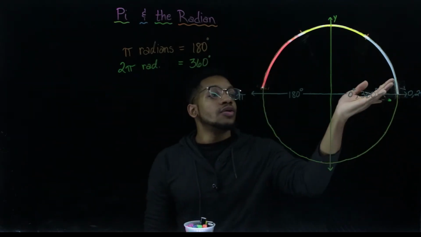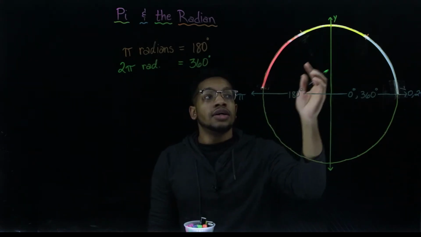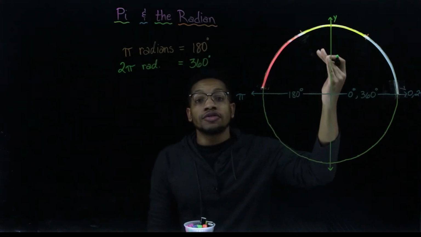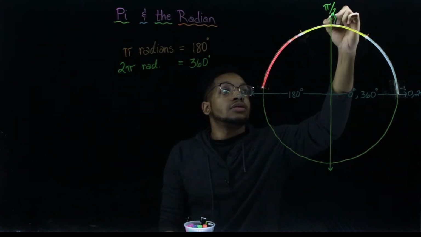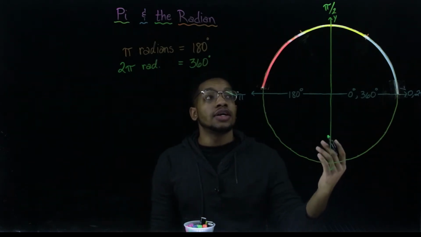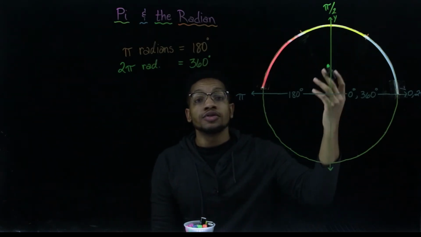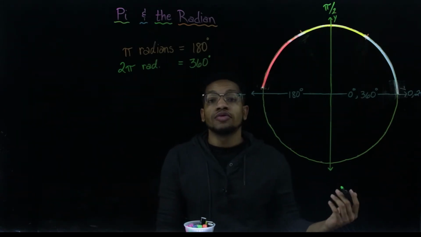All right, so if 90 degrees is half of 180, then that's also going to be half of pi, which is just pi over 2. And then half of that is 45 degrees, and that's going to be equal to half of pi over 2. You can think of that as 1/2 times pi over 2, or pi over 4.